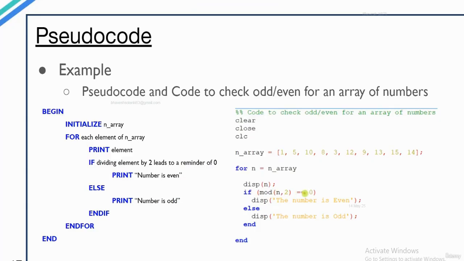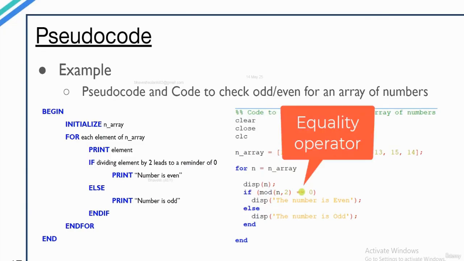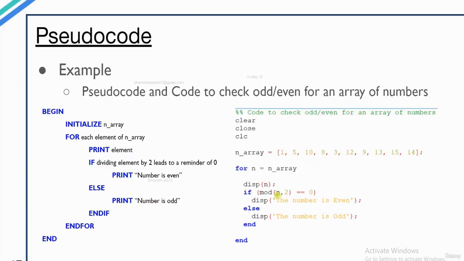And this is a double equal to symbol, which is basically an equivalent operator. If the number is divisible by 2, then its remainder is going to be 0, and this operation is going to be evaluated true. If it is true, then we know that the control goes inside the if branch, and this statement is executed, which is going to print the number is even.